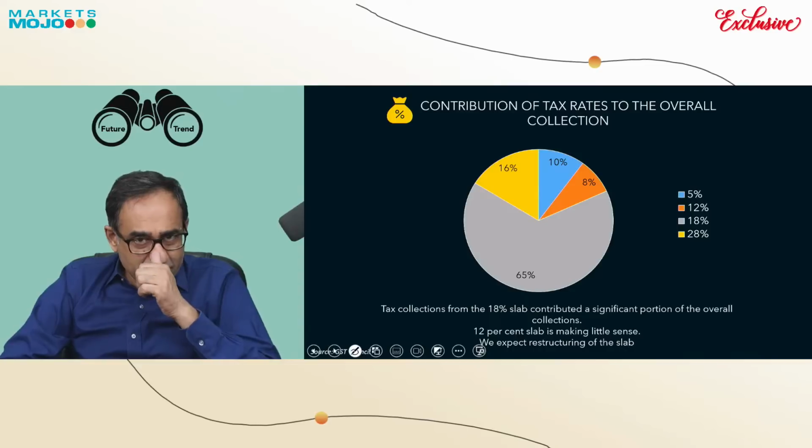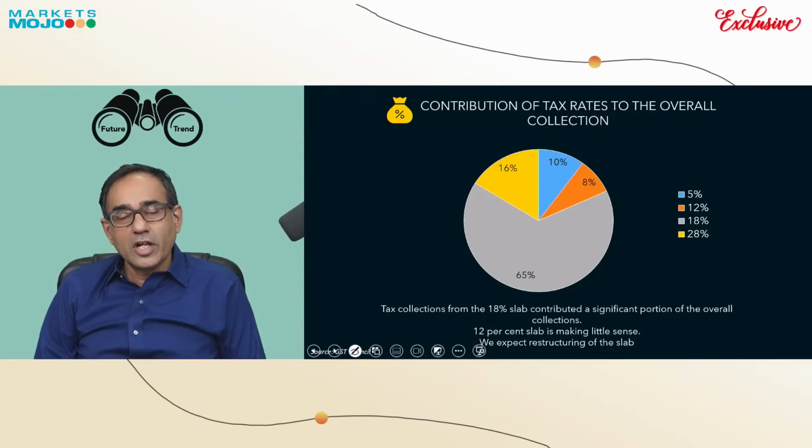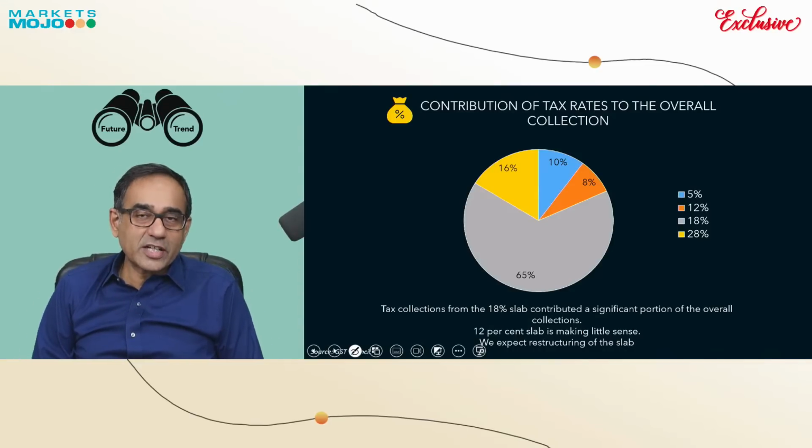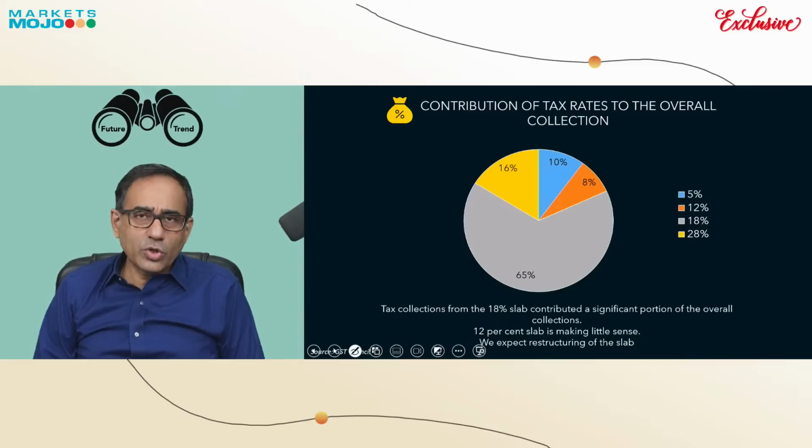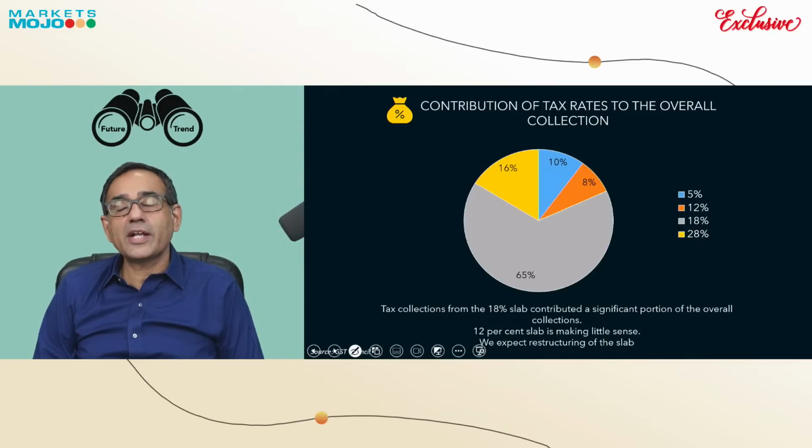Another good thing which you must all remember: GST collection is also a function of the slab rate. We have 0, 5, 12, 18 and 28% slab rates. The 0 rate does not get any revenue, so that doesn't get accounted for here, am I right?